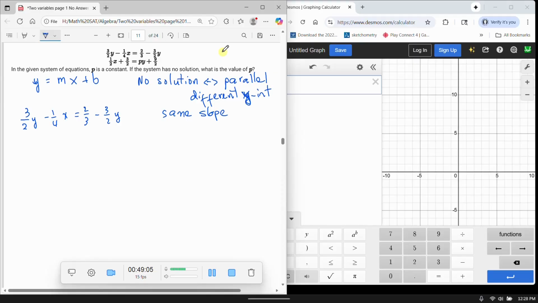So I'm adding those two, I'm going to have 6 over 2 y, and I'm going to minus 1 over 4 x. So that x is actually going to be moved to the right, equal positive 1 over 4 x. And of course, I want to move my 2 over 3 back here. That is my y-intercept.